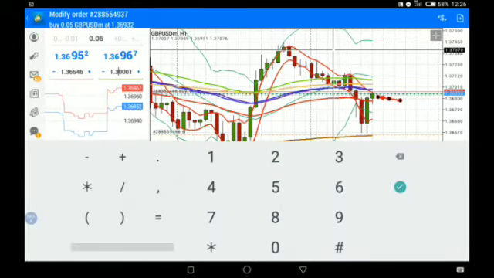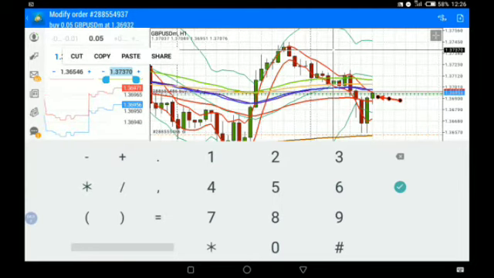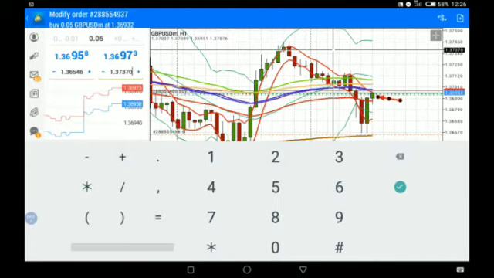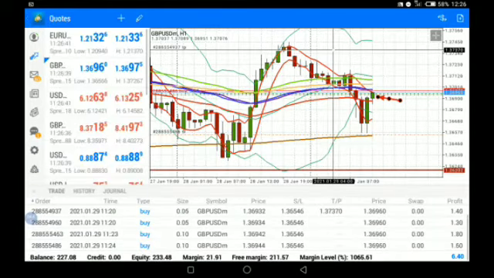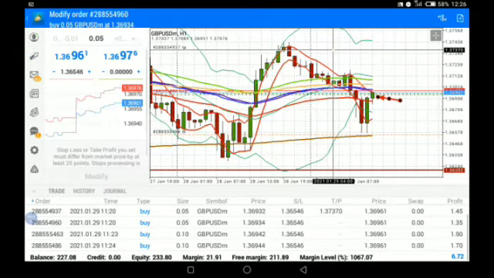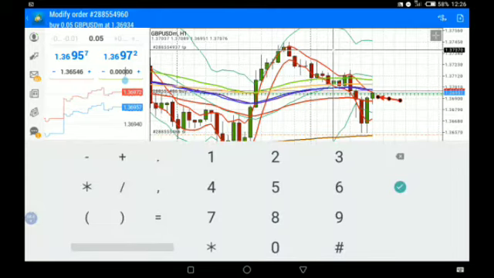The lot sizes are good already, so I know I can take advantage of this market, and if the trade hits my TP, it's going to be a good one. I'm placing TP at levels where I know that I can eventually hit.